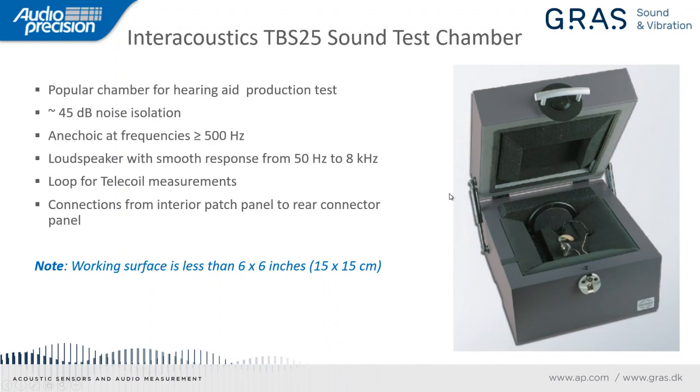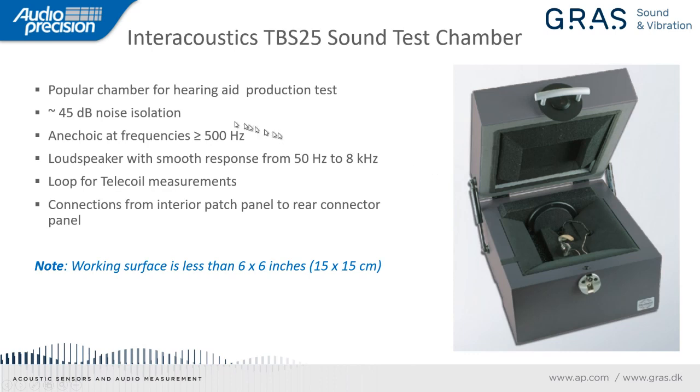Now one of the most popular sound test boxes is this TVS-25 sound test chamber made by a Danish company called Interacoustics. I think the same unit is sold by Brüel & Kjær, I think they just buy it from Interacoustics and put their own model number and their own paint color. But it's one of the most popular chambers for hearing aid production test.